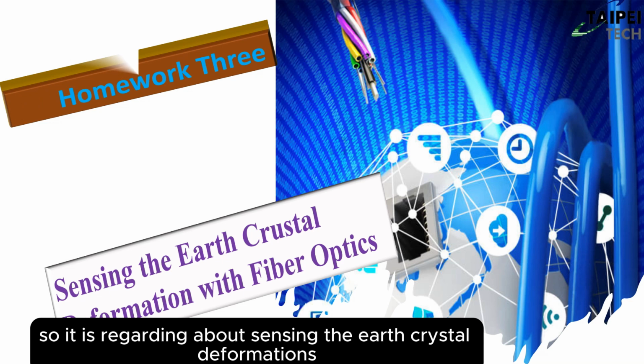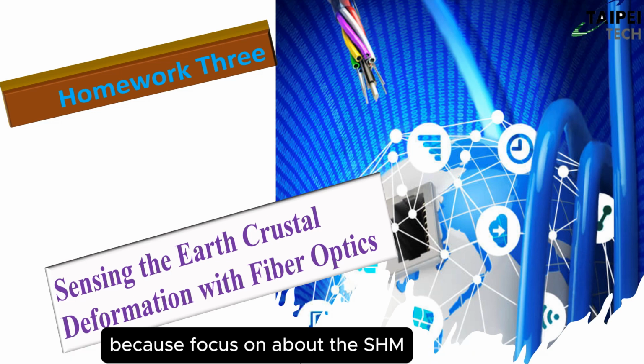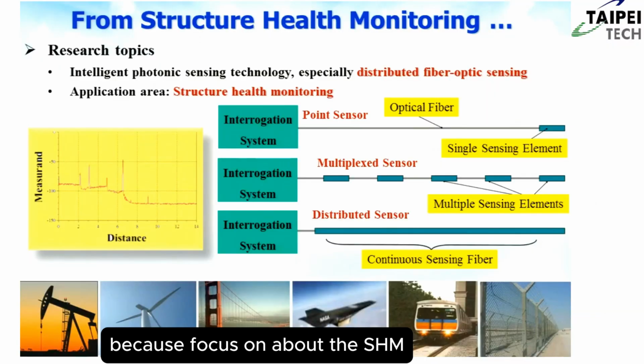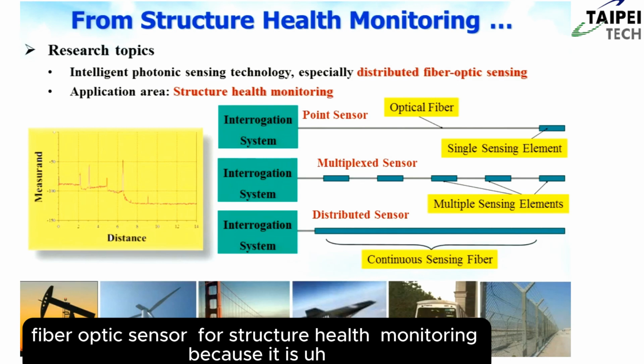The last one is my homework. It is about sensing crustal deformation with fiber optics. It is similar to the previous two homeworks because it focuses on structural monitoring. Why do we apply fiber optic sensors for structural monitoring?